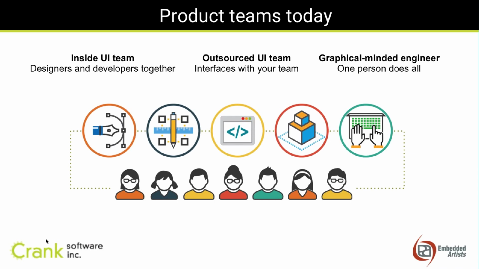We have other companies who are outsourcing their user interfaces to a design firm to come up with the best idea, and then they'll bring it back into their system to implement and move forward with. And then we also have some, usually in the smaller companies, with a smaller engineering team. Inside of there, we usually have a graphical-minded engineer, one person in charge of the UI, or maybe two.